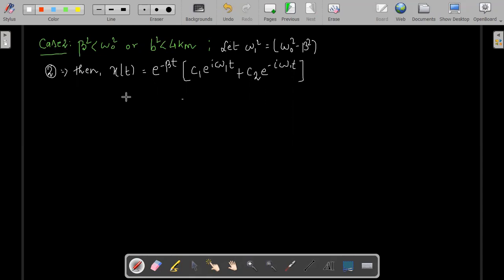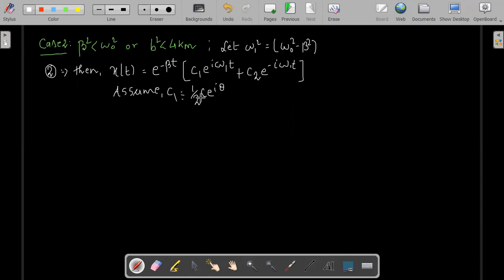Now we are going to make certain assumptions to keep things simple. This term c1, of course, is a constant, so I can take it in any form that I like. I can write it as half c e to the power i theta, where theta is a constant angle.